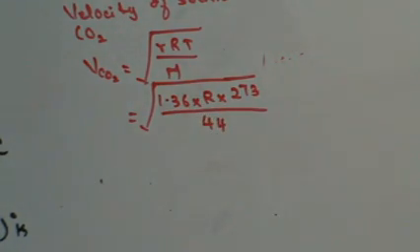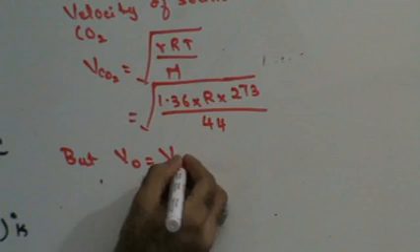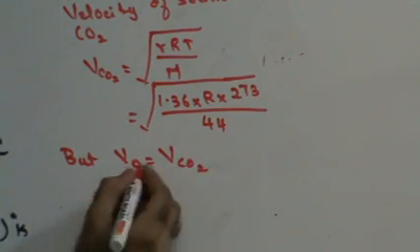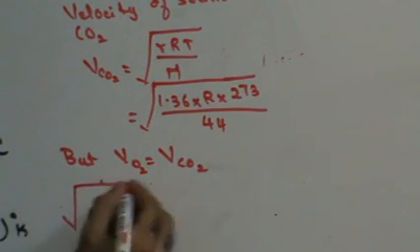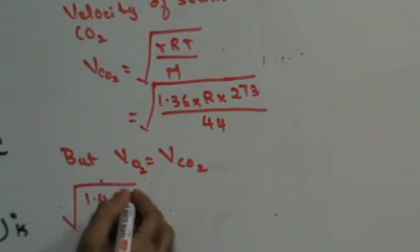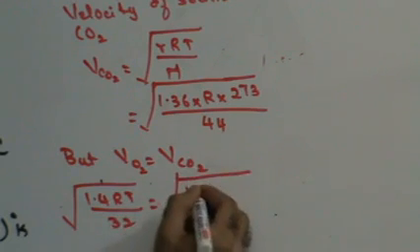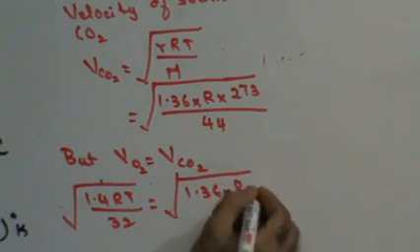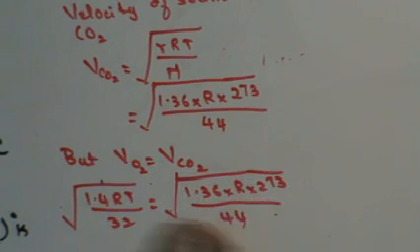They said that at what temperature will the velocity of sound in oxygen be the same as in carbon dioxide? That means V of oxygen is equal to V of carbon dioxide. Therefore, square root of 1.4 RT upon 32 is square root of 1.36 into R into 273 upon 44.